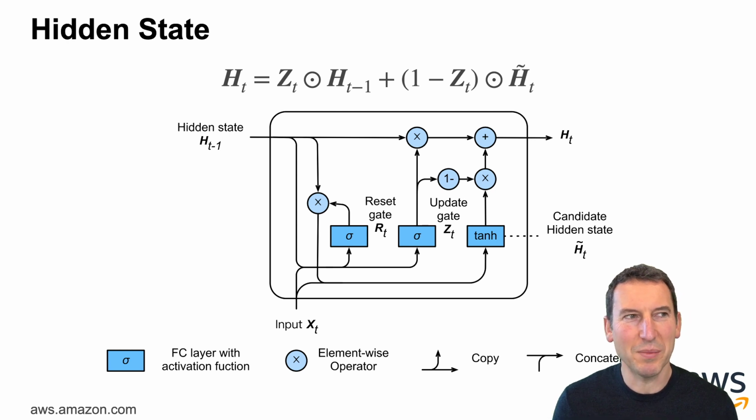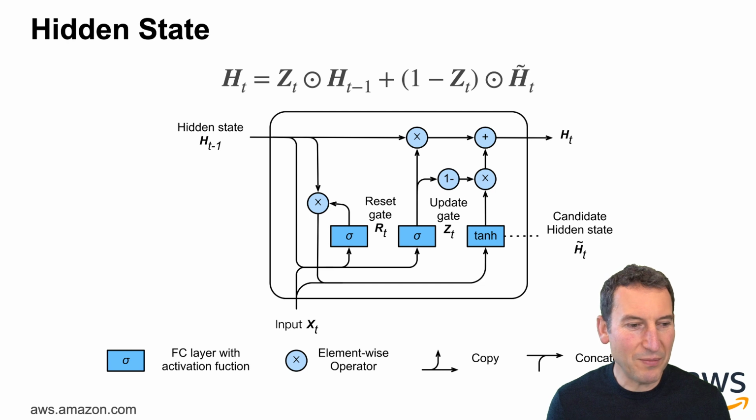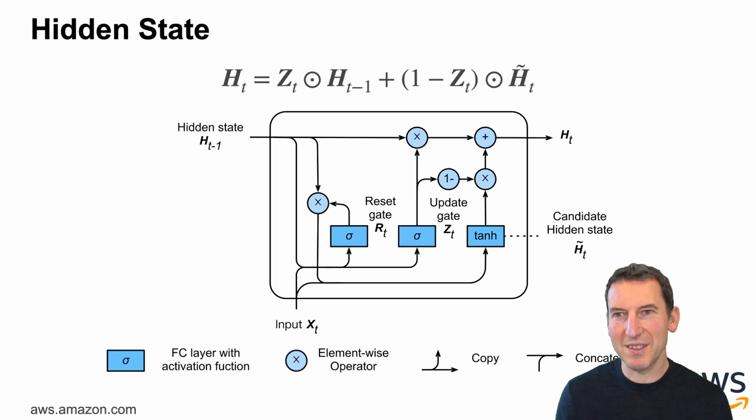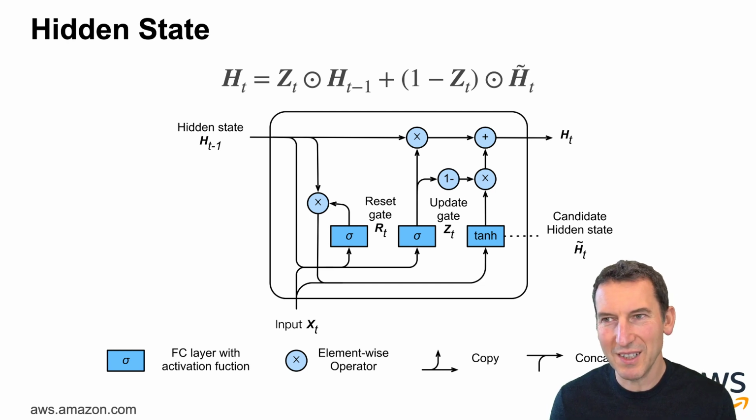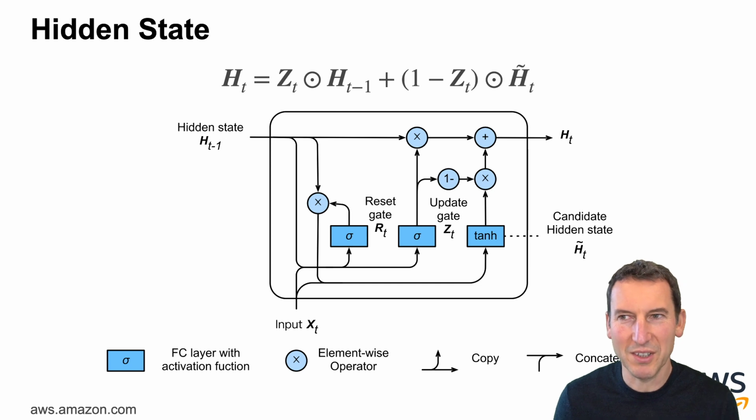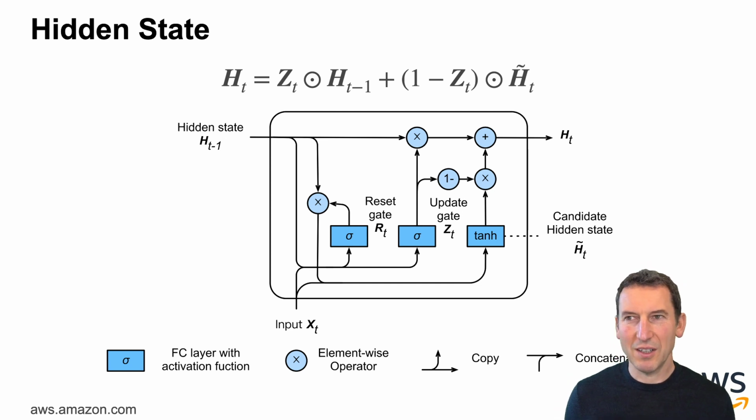This is a very complicated way of just saying I'm taking a convex combination between h_{t-1} and h_t. Okay. So in short, we have two steps. We have a reset gate, which tells me how much to incorporate of the hidden state in the new candidate hidden state, which has some nonlinearity, and then a convex combination between the old state and the new one.